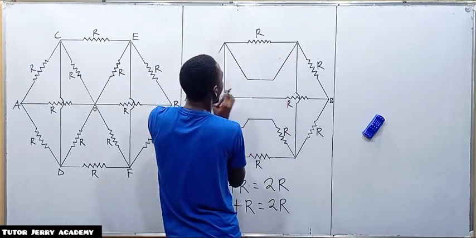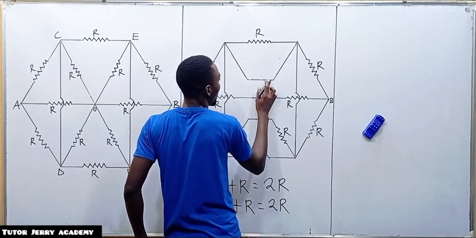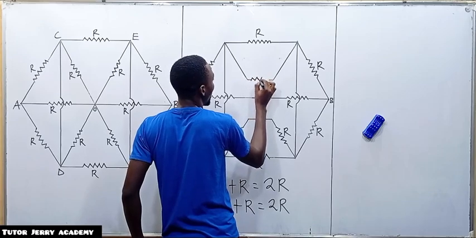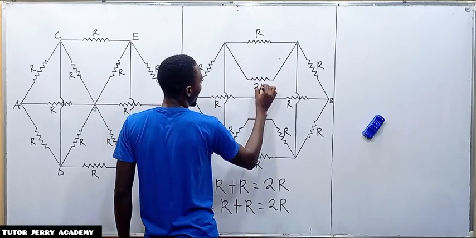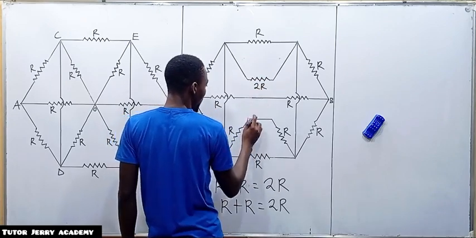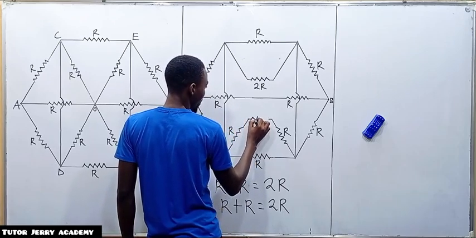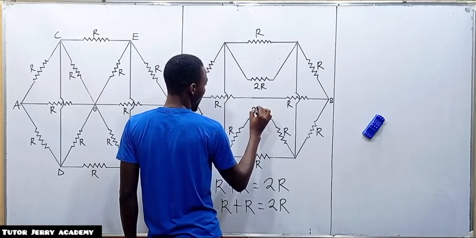Let's now put it here. So it's going to be 2R. Similarly with this, this is 2R.